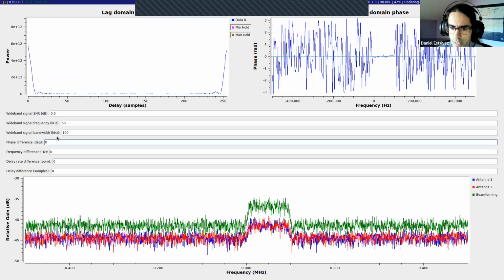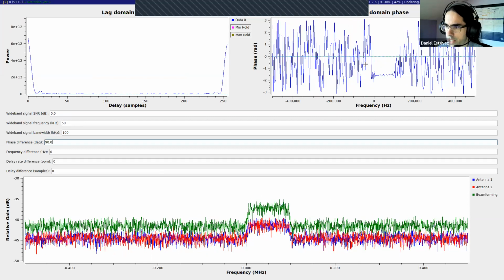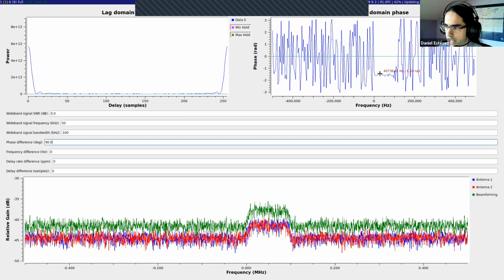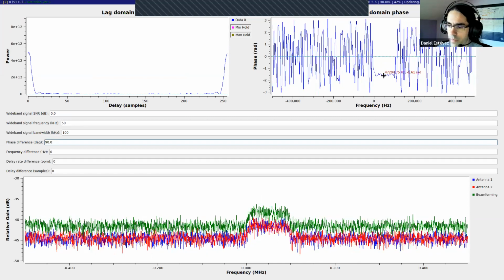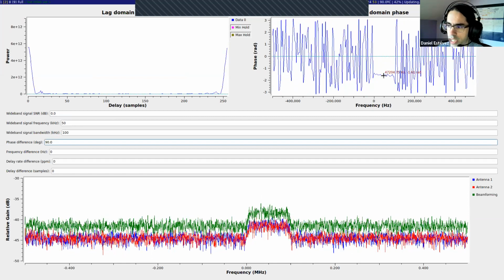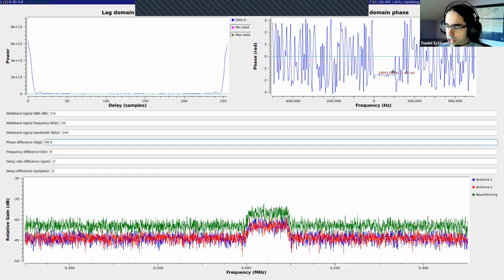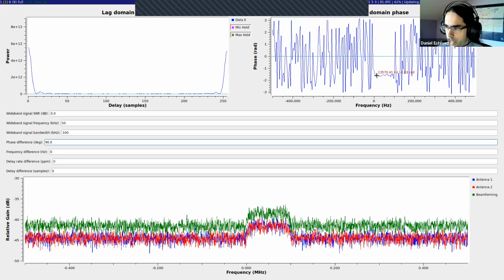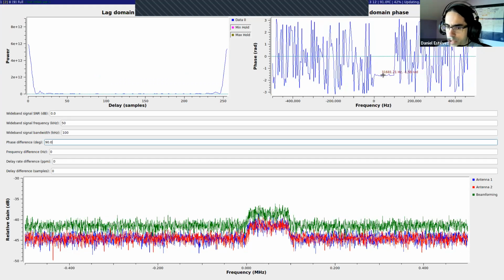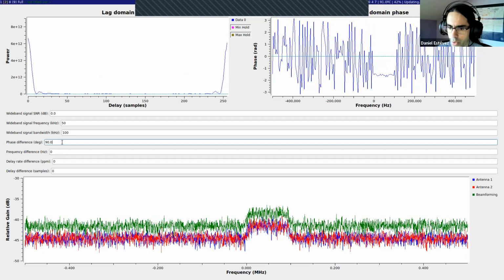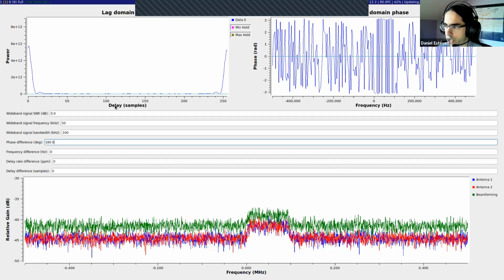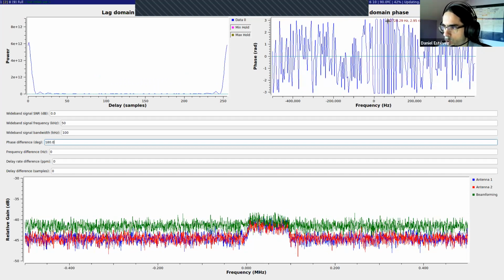If I set, for example, 90 degrees of phase, then I basically get minus 90 degrees. And yeah, probably there is some sign convention that needs to be taken care of, but basically we can read the phase offset here from the plot. So 180, for example, it would appear on top and on bottom.